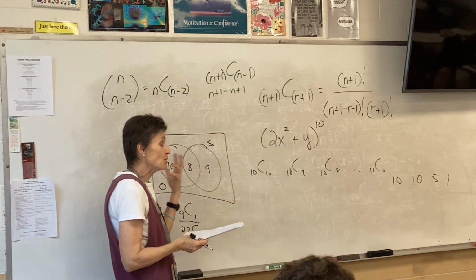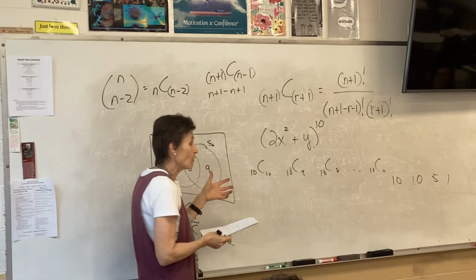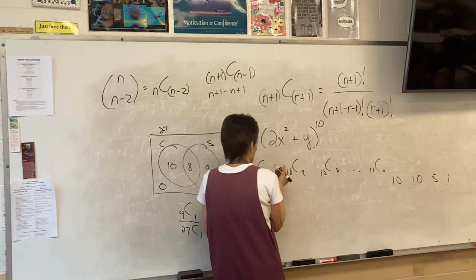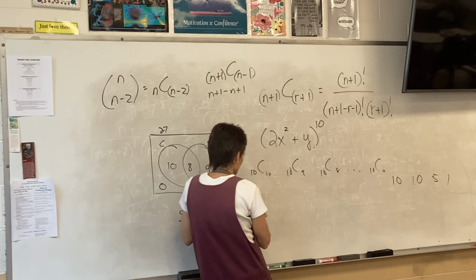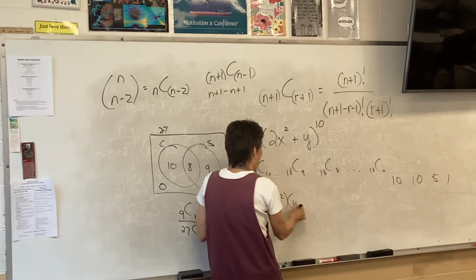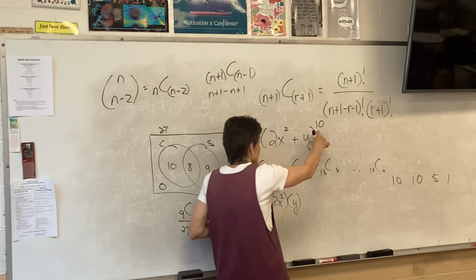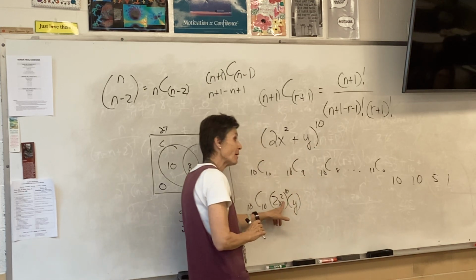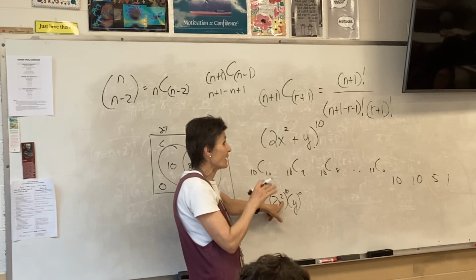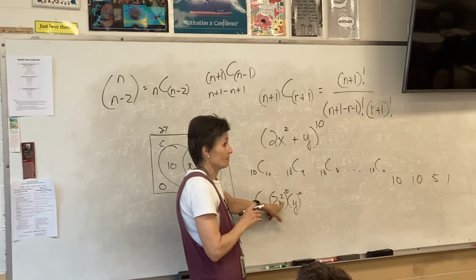Now, what I need to do is figure out where the term is going to be. When I take, let's say I take this one, and I put my 2x squared and my y to the 10th power, and this one would be 0, that power is actually going to be x to the 20th.